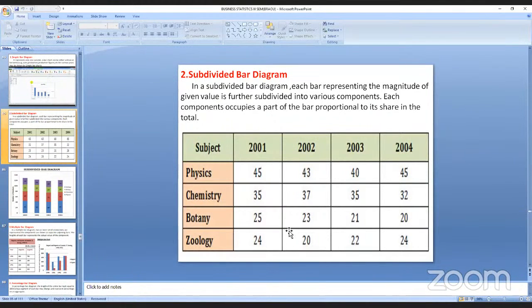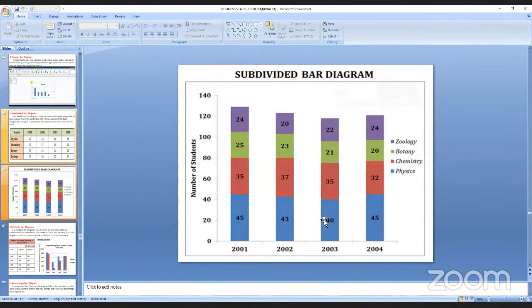Now we'll see how we can draw a subdivided bar. See here, in 2001, 129, first column. Till 129 you have to take the bar, and then divide it. In the exam also you have to draw like this.